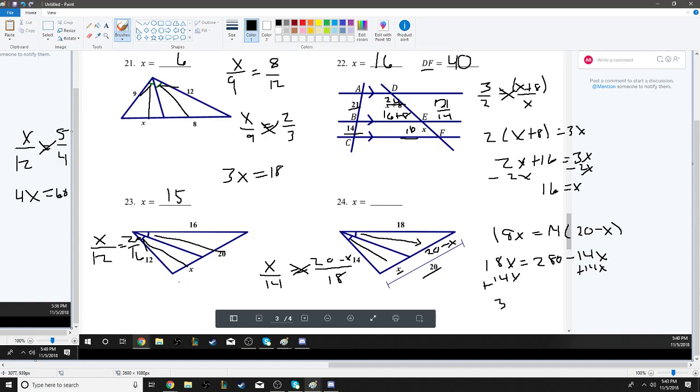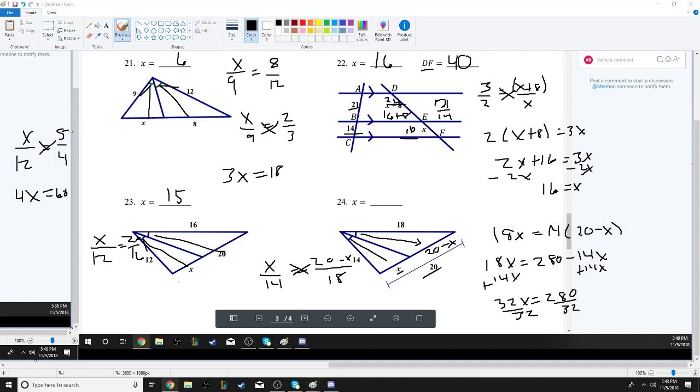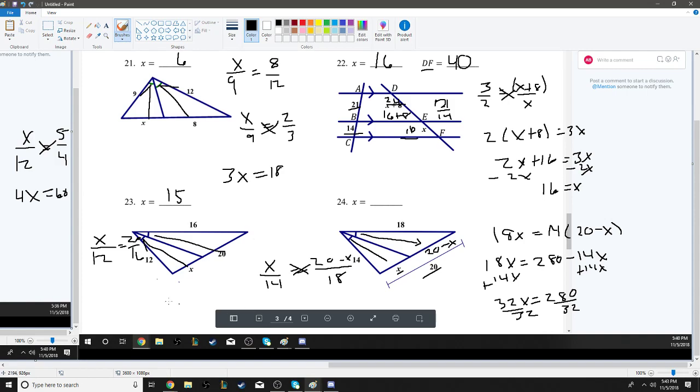And we get 32x is equal to 280. And divide both sides by 32 to get x is equal to 8.75.